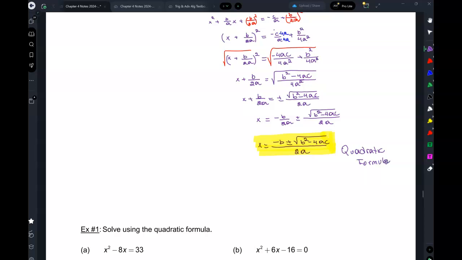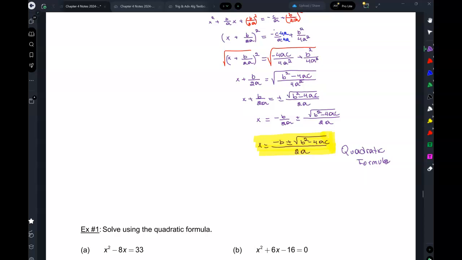And so when you ask, hey, Mrs. Malikian, what is it that mathematicians do all day long? This is what they do. They're like, well, wait, if we now use completing the square, now you can just use this anytime. You can factor, we have ways to factor.